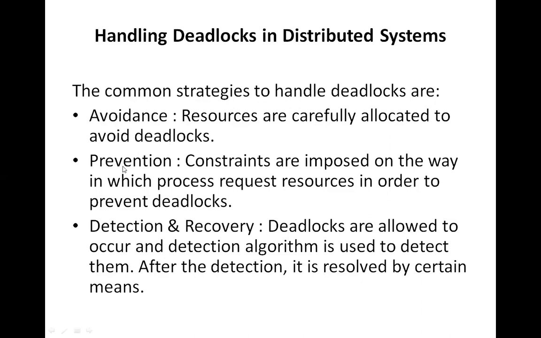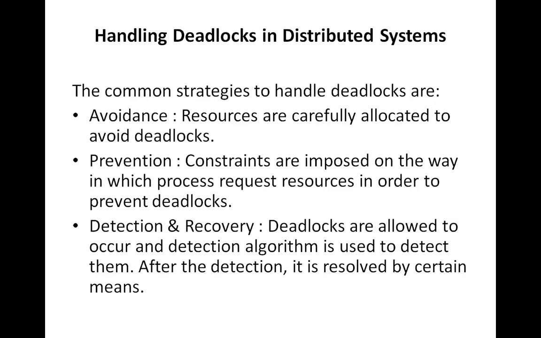In prevention, we put certain constraints so that whenever a process requests resources, we allocate those resources on certain terms and conditions so that the deadlock can be avoided. The third one is detection and recovery.